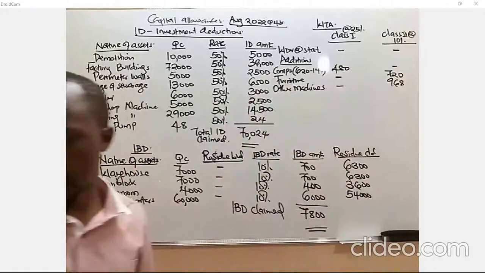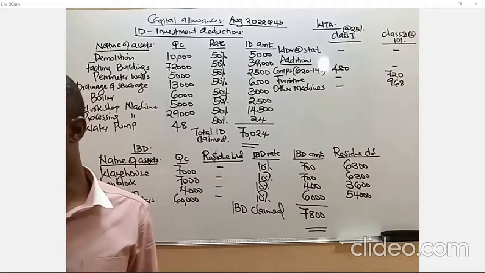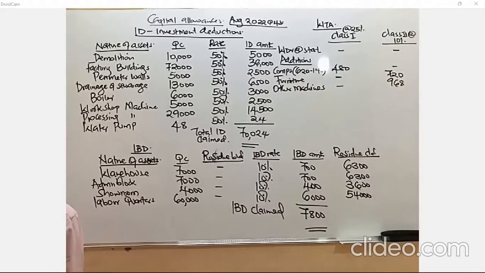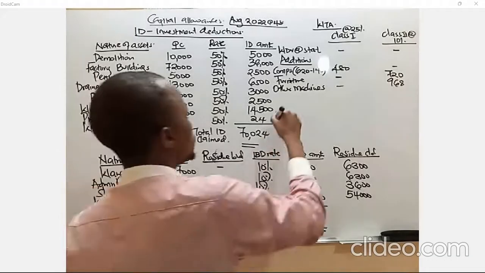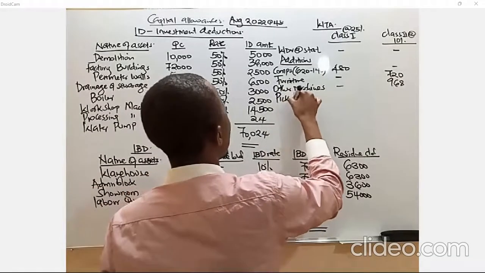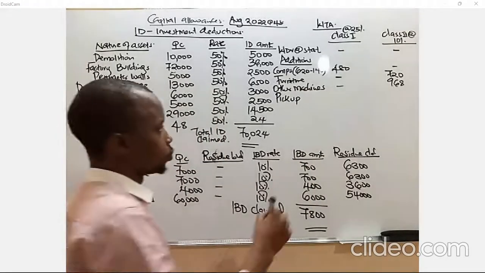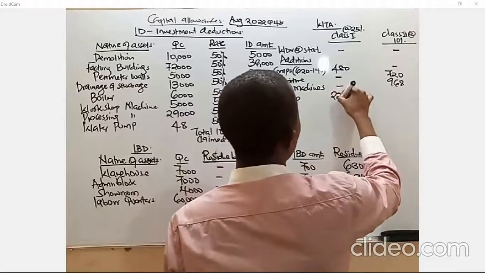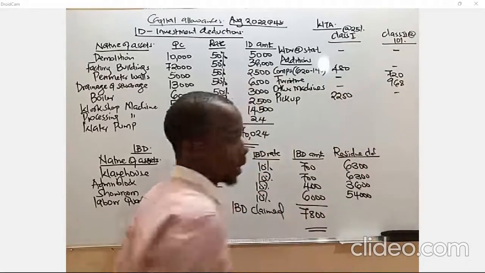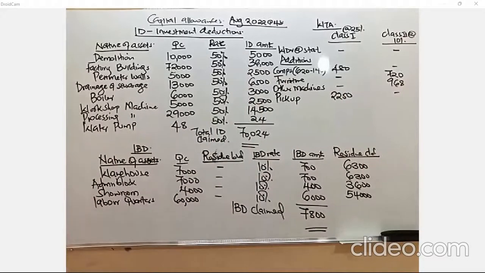Then we have things like, on 15 March 2021, Pakim Limited bought a pickup. So the pickup normally qualifies for class 1 at the rate of 25. The qualifying cost is 2250, right? Then there is information provided there. We are being told, what are they saying?